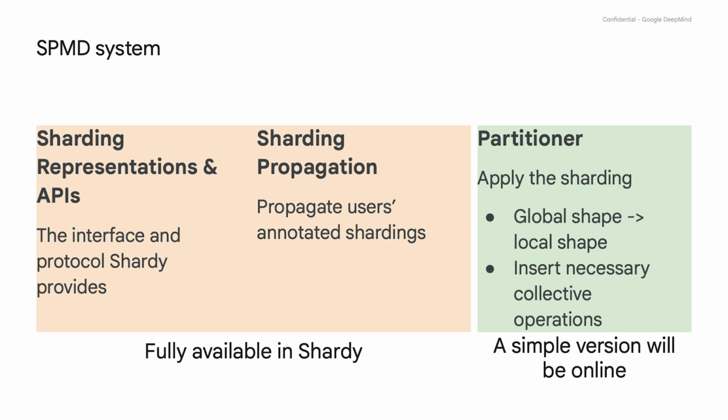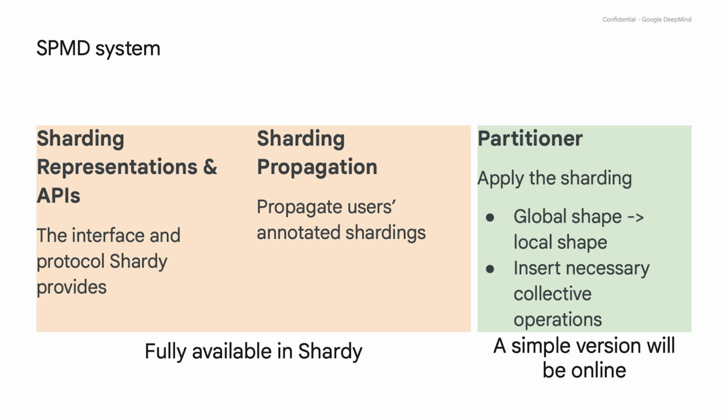Users really just annotate the shardings for several key operations, for example, the inputs and outputs. Also, they define annotated shardings for several key tensors in the computation graph. The sharding propagation will propagate shardings throughout the graph, such that each tensor can get the shardings inferred from both operands and results.